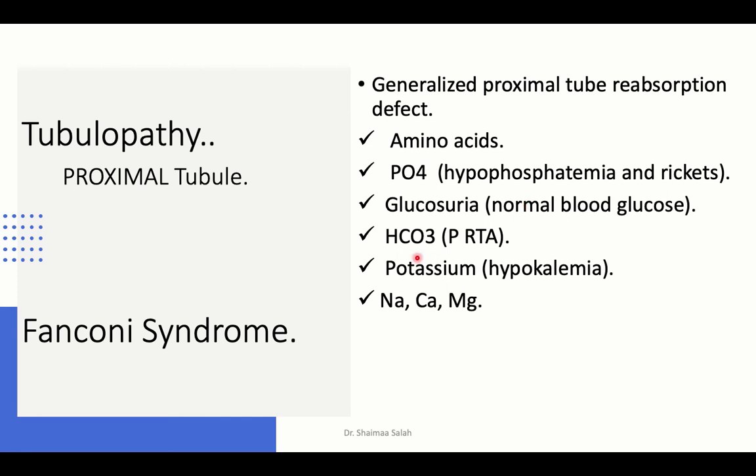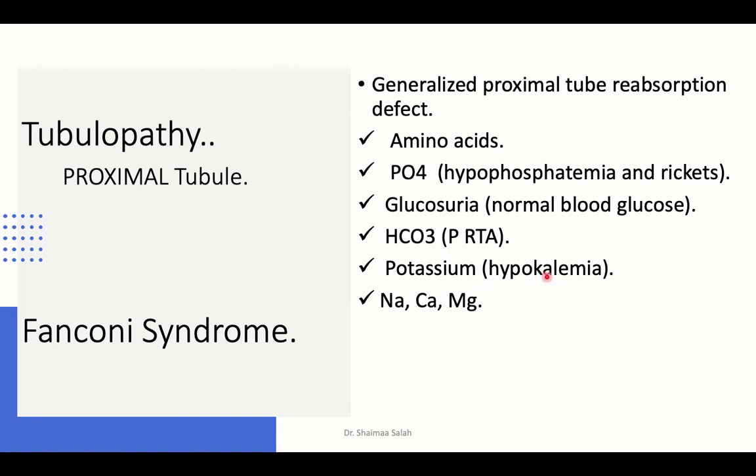will be present. We lose bicarb from the proximal tubule, so RTA type 2, the same presentation of hyperchloremic normal anion gap metabolic acidosis that is associated with severe hypokalemia, okay, and the attacks of polyuria, polydipsia, dehydration, vomiting, constipation, failure to thrive, and all of this.